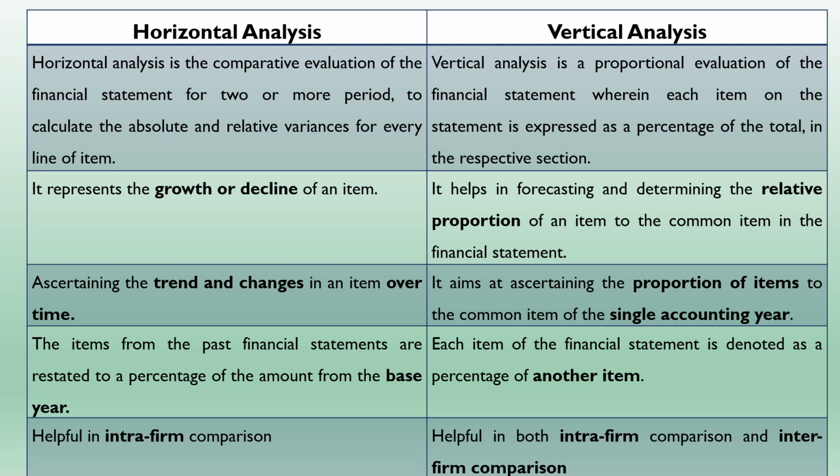Horizontal analysis is used to ascertain the trend and changes in an item over the time period, whereas vertical analysis aims to ascertain the proportion of the items to the common item of the single accounting year.